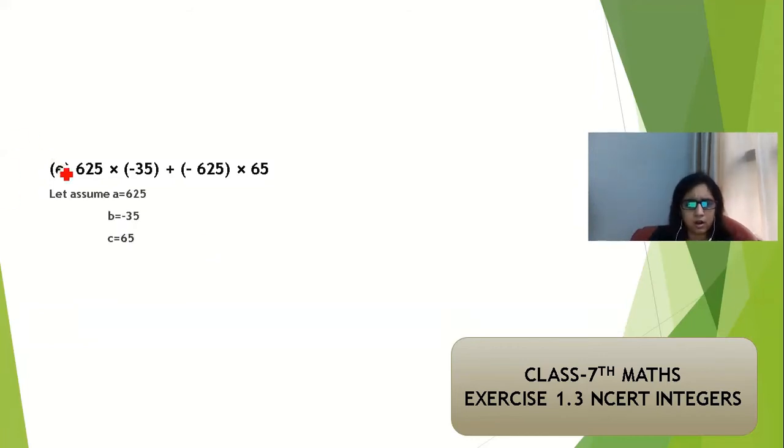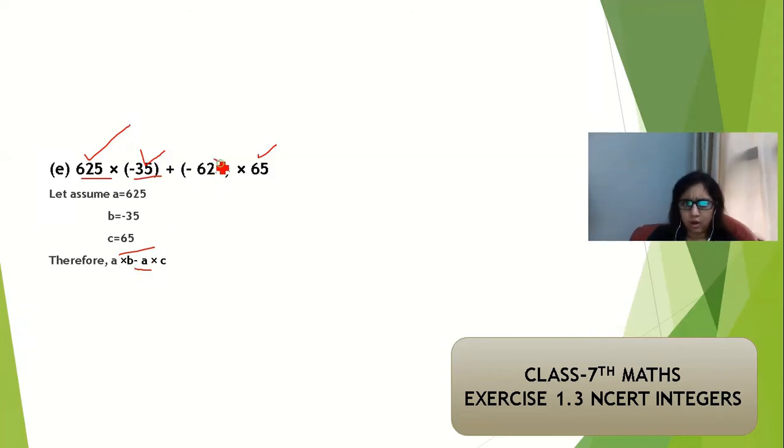So I will assume a equals 625, b equals minus 35 and c equals 65, because I have three numbers in this equation, that is 625, 35 and 65. So I assume these as a, b and c. If I assume this a, my equation will become a multiplied by b minus a multiplied by c, because if you solve this plus and minus, it will become minus.